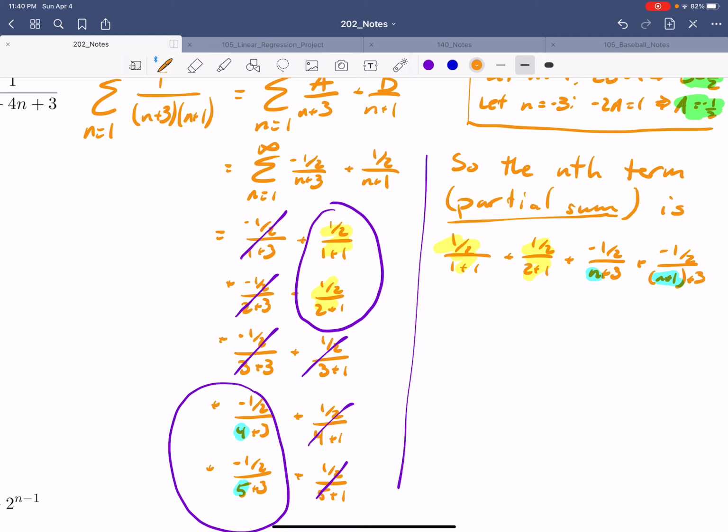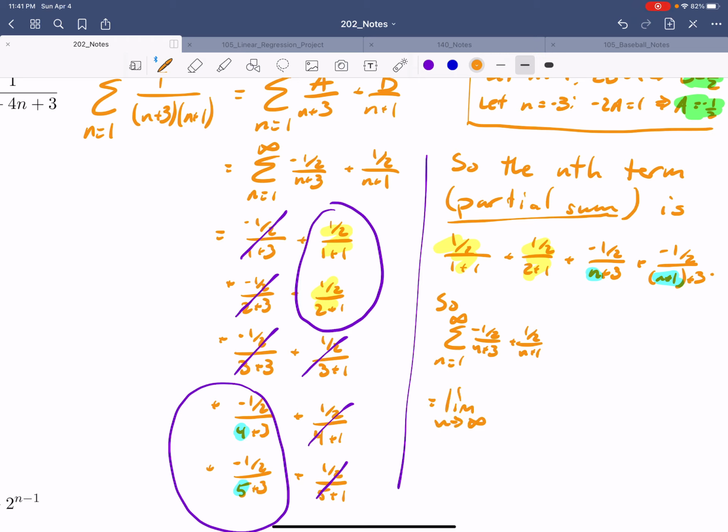So anyway, what we do is we find our series. Our series is the sum from 1 to infinity of negative 1/2 over n plus 3 plus 1/2 over n plus 1. And this equals, well, all of this stuff right here, but the limit as n approaches infinity. I'm not going to fit it on this line, so I'm going to do it down here.